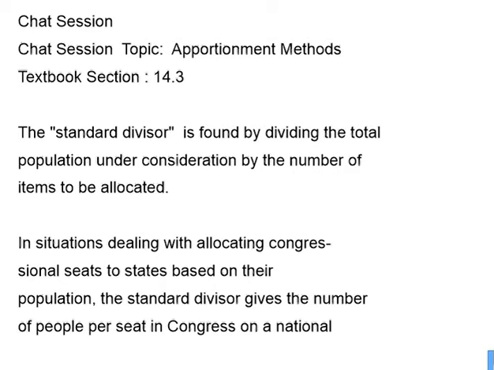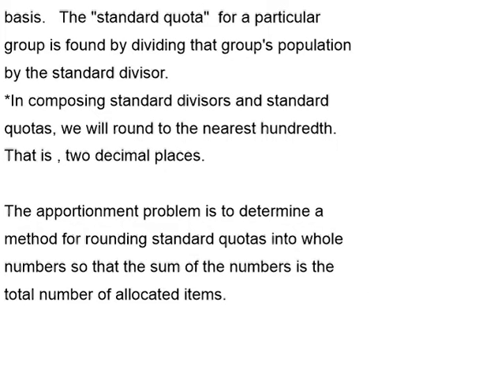In situations dealing with allocating congressional seats to states based on their population, the standard divisor gives the number of people per seat in Congress on a national basis. The standard quota for a particular group is found by dividing that group's population by the standard divisor.